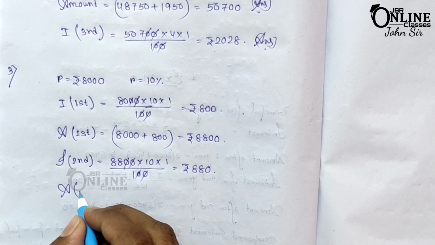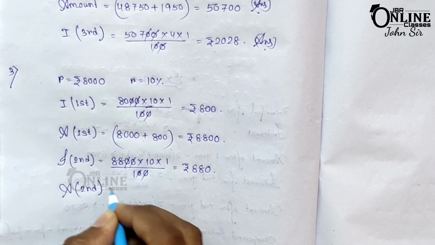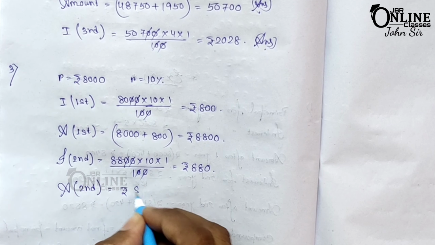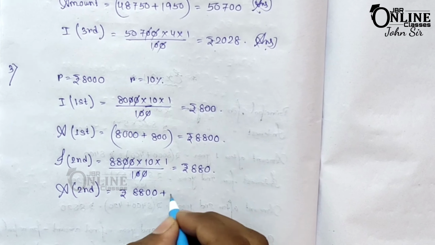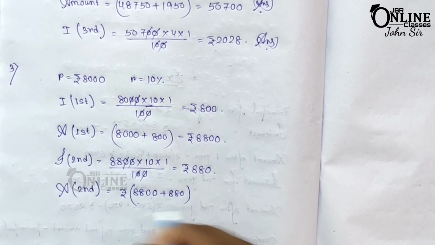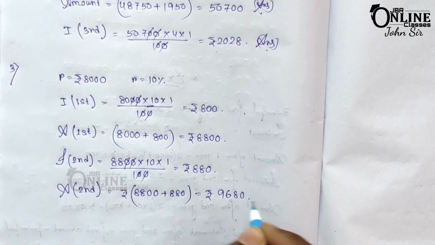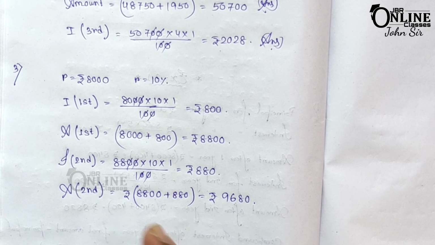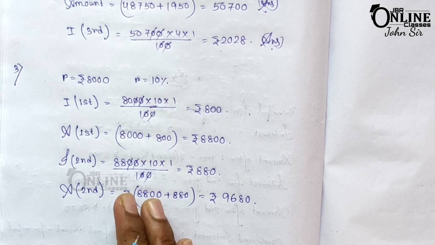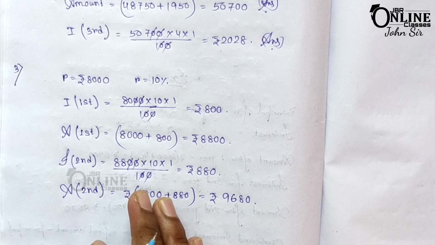Then the amount after the second year will be 8800 plus 880, and that equals rupees 9680. So rupees 9680 is the amount after the second year.